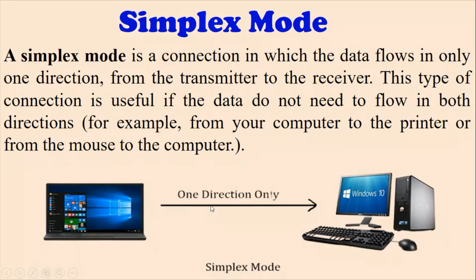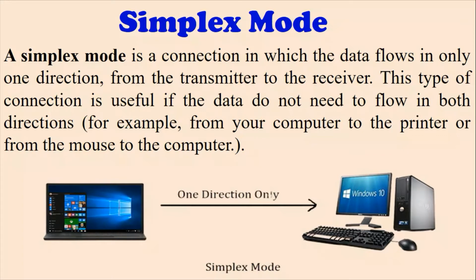Another example is the TV and the antenna or dish. The TV can only receive signals from the antenna or the dish, but the TV cannot send data towards the dish or the antenna. So this is another example of simplex mode of communication.